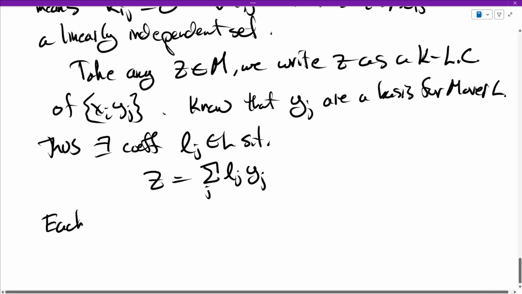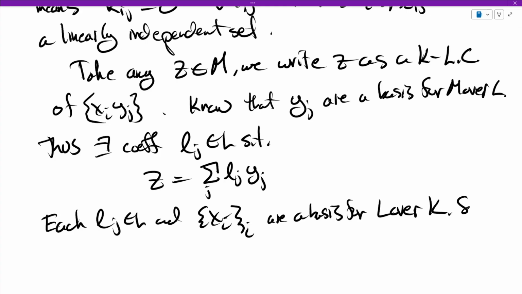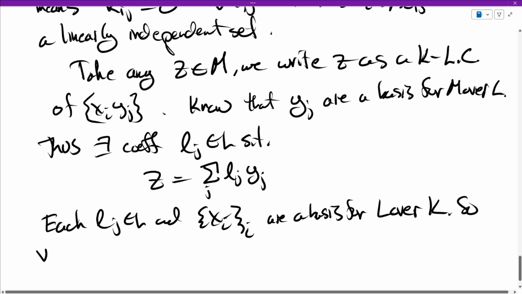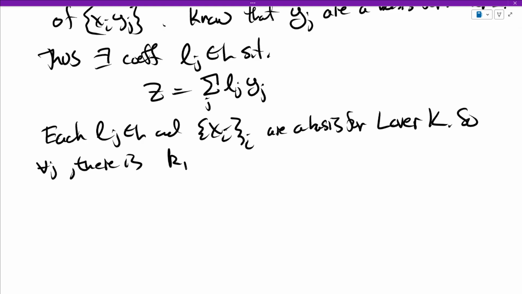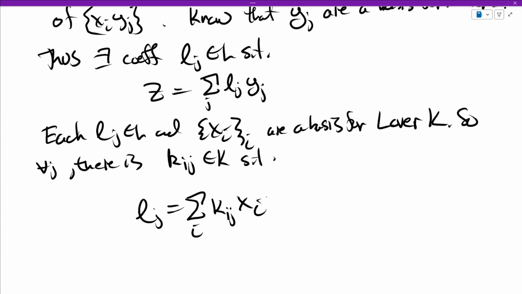Each l_j is in L, and the x_i are a basis for L over K. So for each j, there is a collection of coefficients k_ij such that l_j is a sum over i of k_ij x_i.